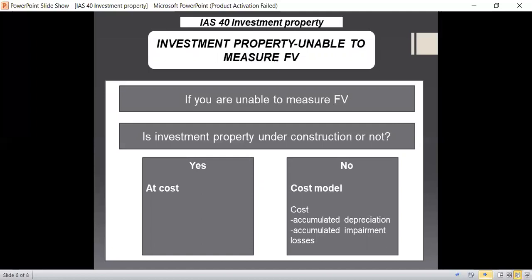We apply this cost model in the same way as we did for IAS 16, that is, cost less accumulated depreciation and any accumulated impairment losses. But you need to consider that this scenario is very rare. If it happens, the standard allows us to consider these two scenarios as per whether the investment property is under construction or not.